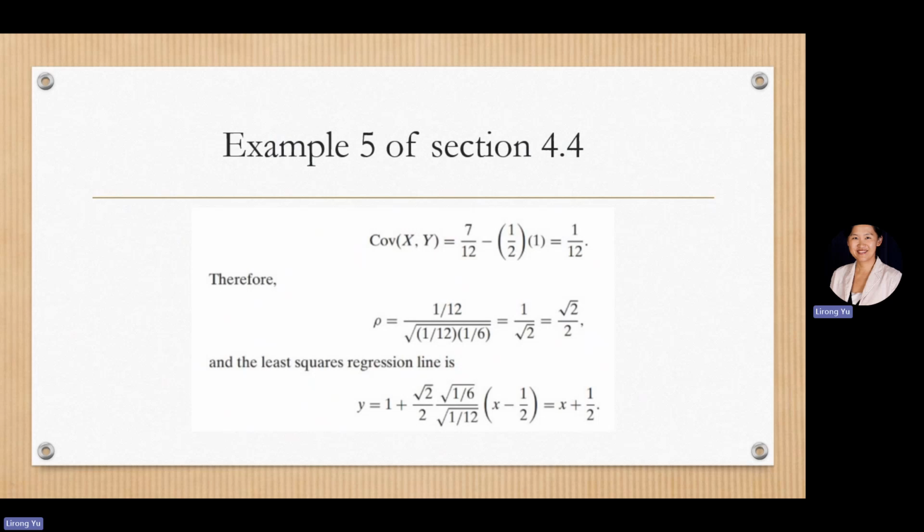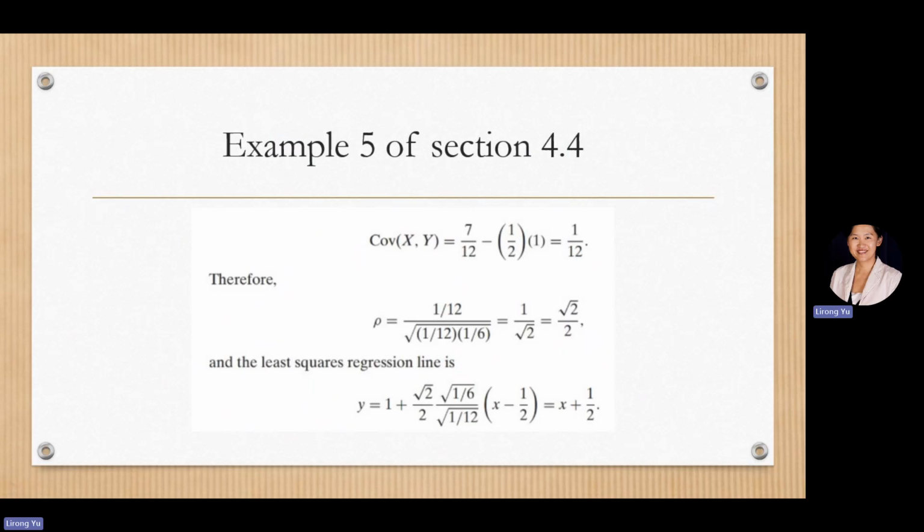And then the least squares regression goes like this. It's y minus the mean value of y equal to b times x minus the mean for x, right? It was like this. And we have a formula for b. I'm trying to write it in a way that's easier to follow.